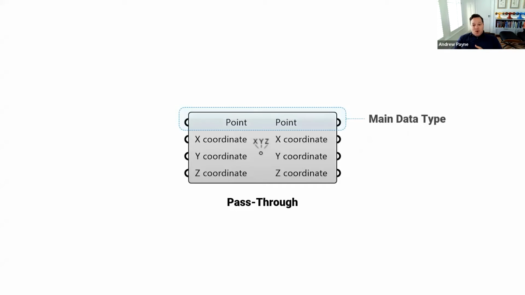These pass-through components all work pretty much the same way, in that the first input and output always relates to the data type. In this case, we're talking about a point. It's very easy to understand: X, Y, and Z creates a point. So the main data type is a point, and the attributes that make up that point are its X, Y, and Z coordinates.